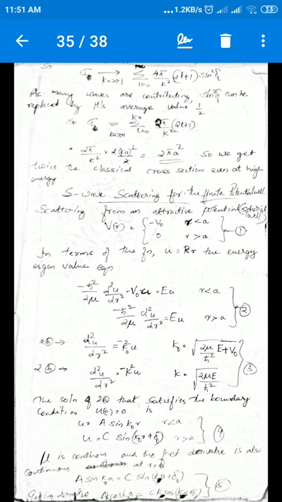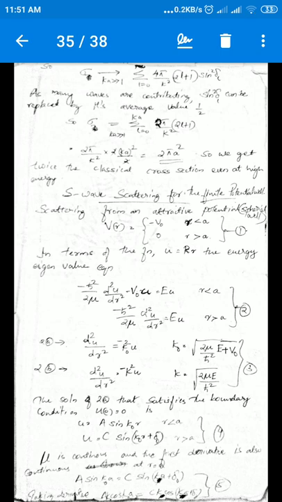Now we take the solution u. We know that it is continuous, and its derivative will also be continuous. First we take the solution at the boundary. A sin k0 a is inside the potential well and C sin(ka + δ0) is outside the potential, and at the boundary it will be k0a instead of k0r. So at the boundary the solution is continuous.